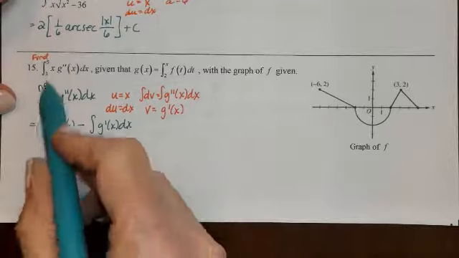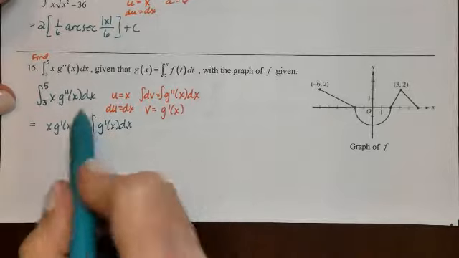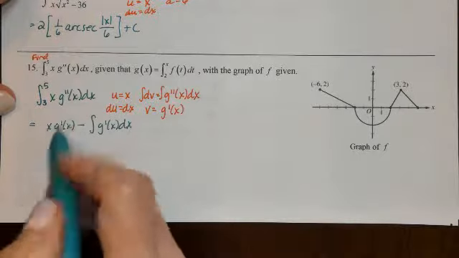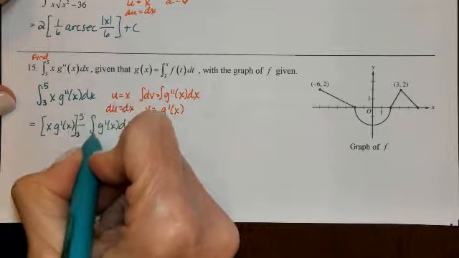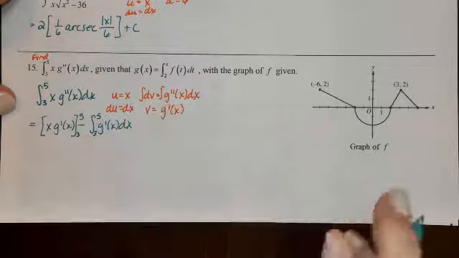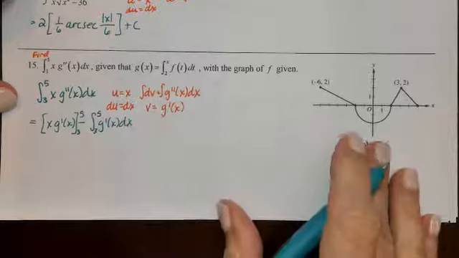Okay, now I need to put the 3 and the 5 where they go. Well, this should be evaluated from 3 to 5. This still has the integral, so I'm going to put the 3 and the 5 back on that integral.